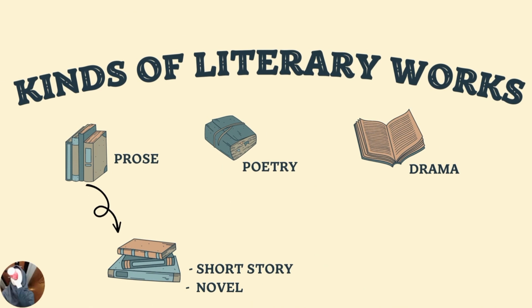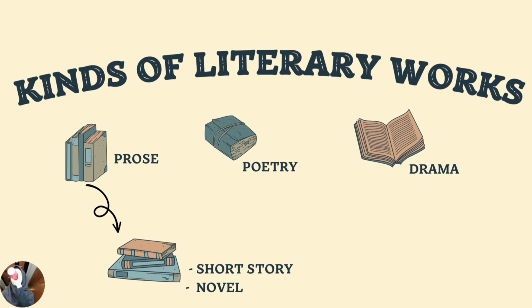There are kinds of literary work. First are poetry, prose, and drama. Poetry is all literary work written and expressed in rhyme, phrase, and rhythm. Prose is a form of written language, the same as poetry, but written in sentences and paragraphs. Next is drama. Drama is a show that is performed directly to entertain the audience.